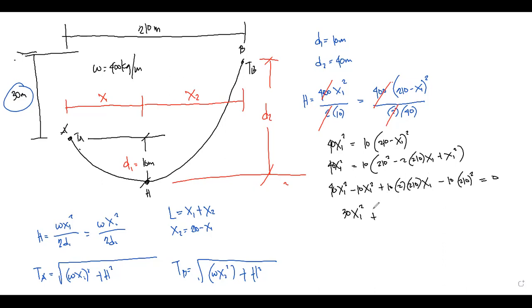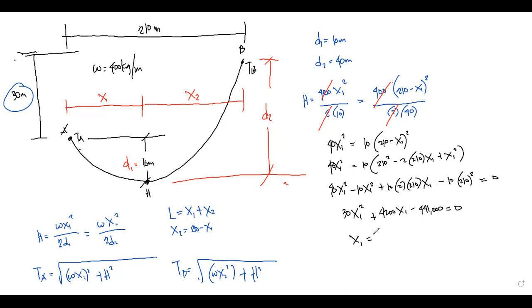Okay, so plus we'll have 10 times 2 times 210. So that's 4,200 x1 minus 210 square. So that's 44100.